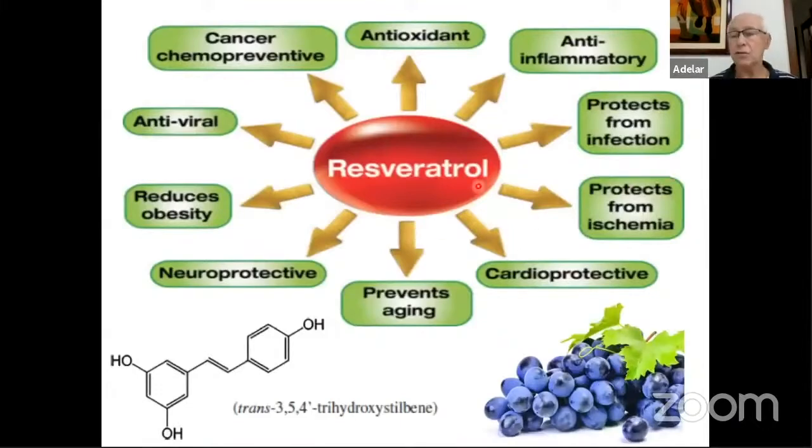Ideally, to finish, one should always use purified compounds. In the case of the yerba mate, Ilex paraguayensis, there are no purified compounds available, or most of them are not available.